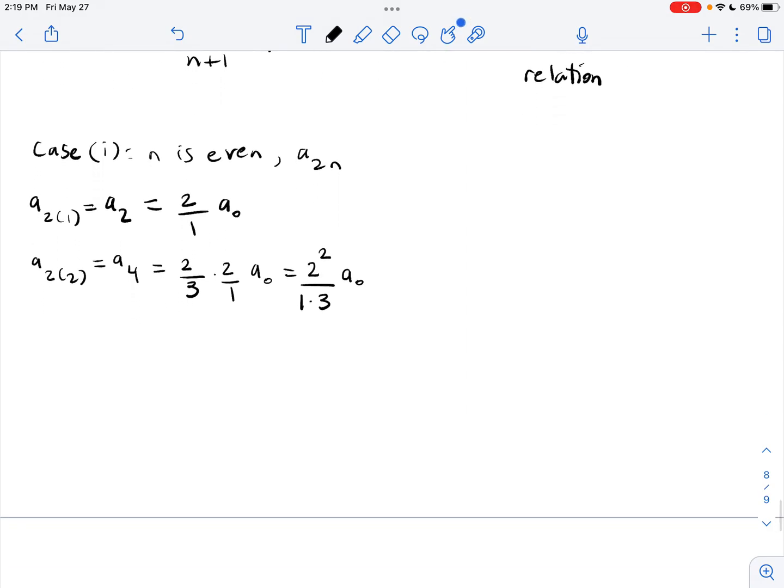Our pattern is already getting a little more complicated than our last example, but let's keep going here. What about 2 times 3? In other words, what about the 6th term? If we use our recurrence relation, it's 2 over 5 times the term we got last time, 2 squared over 1 times 3 a naught, which is 2 cubed over 1 times 3 times 5.